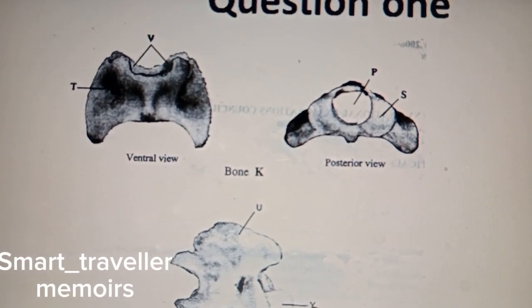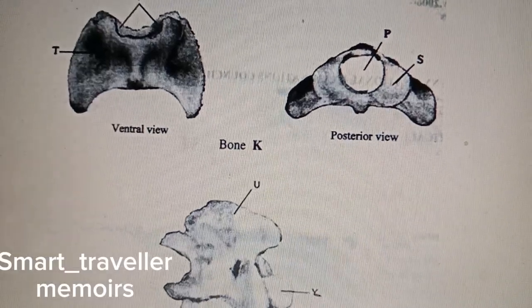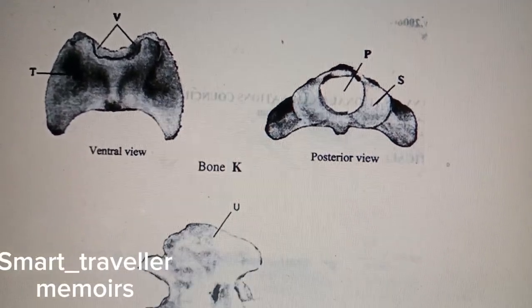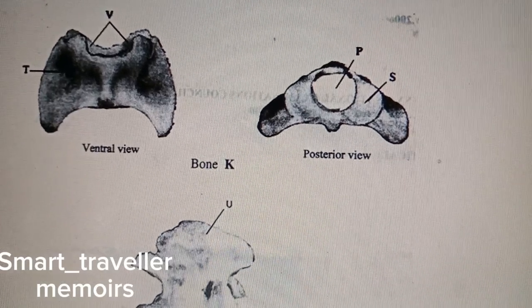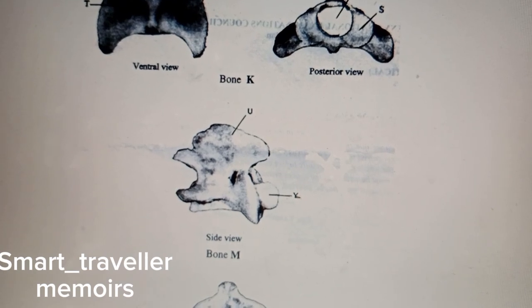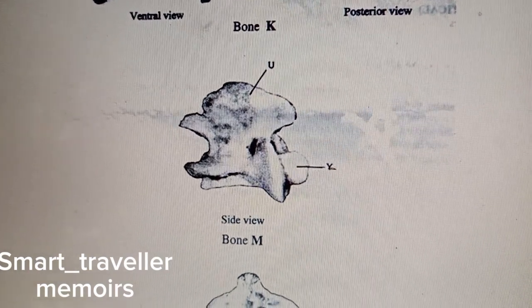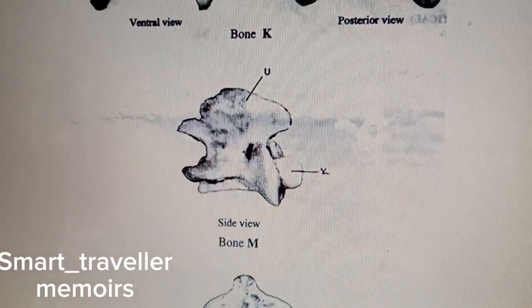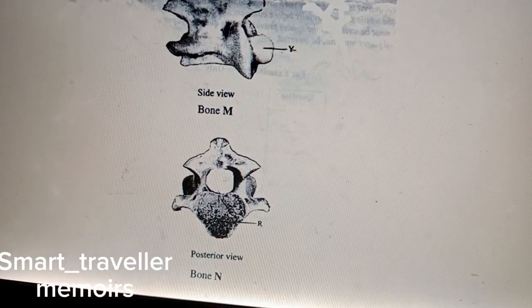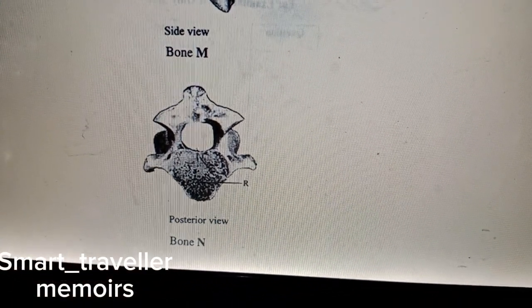So that is bone K, ventral view and the posterior view. This is bone M, side view, and finally you have bone N, posterior view.